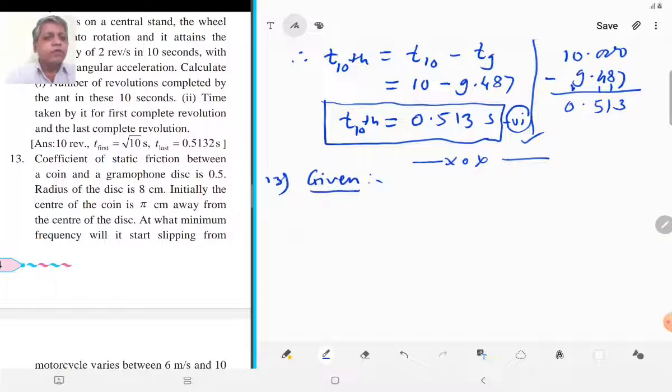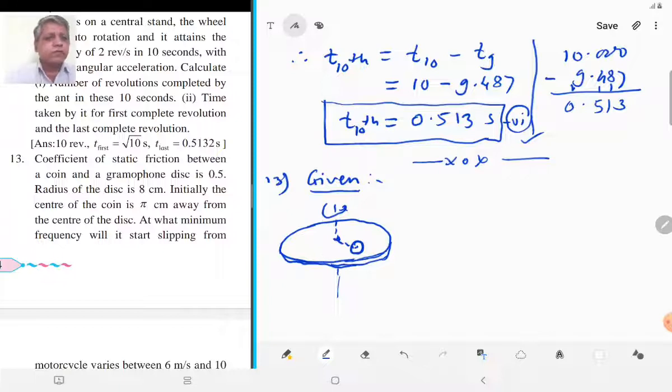If we consider this is the gramophone disc, and this disc is rotated about this center, about this axis, and the coin is placed at a certain distance from this center.